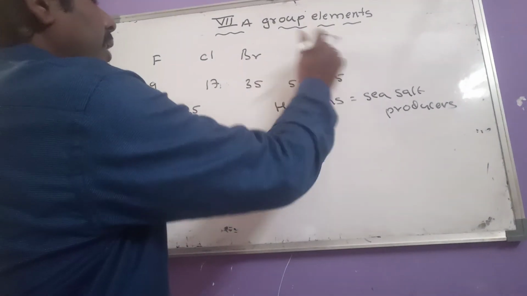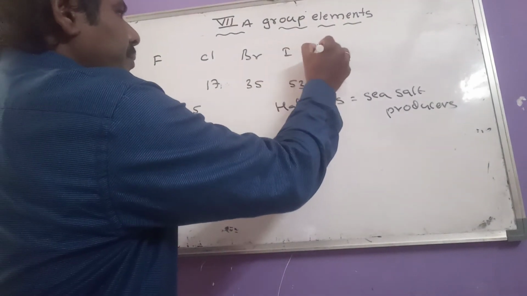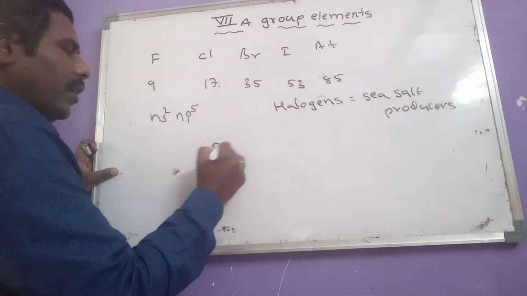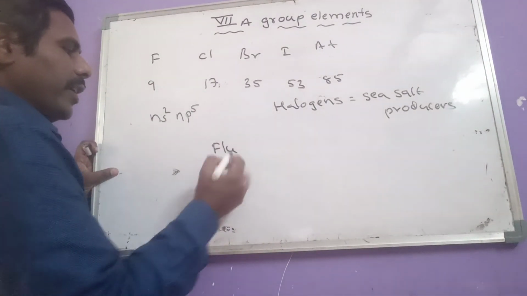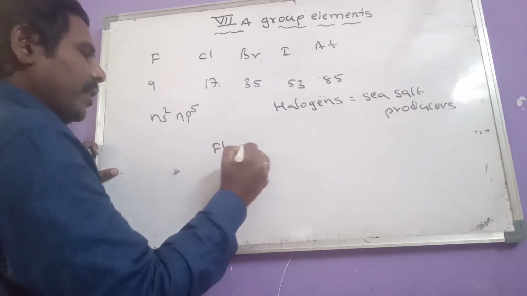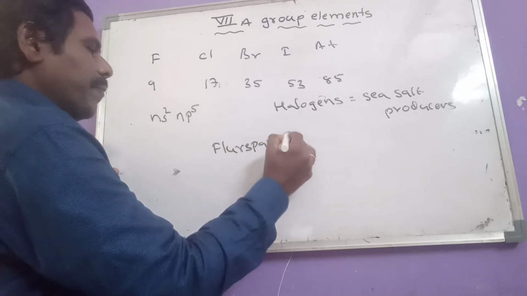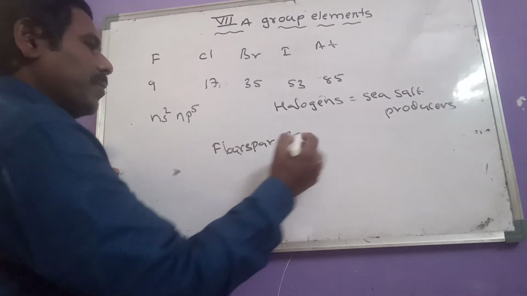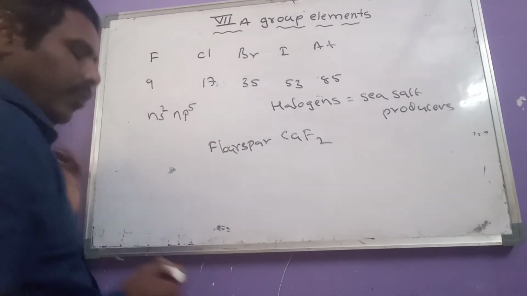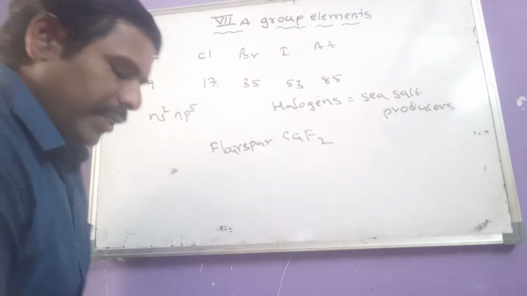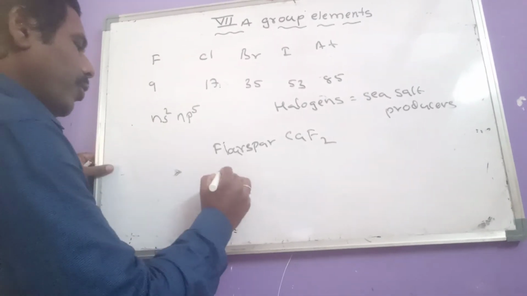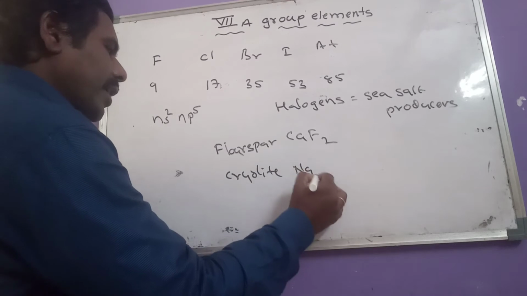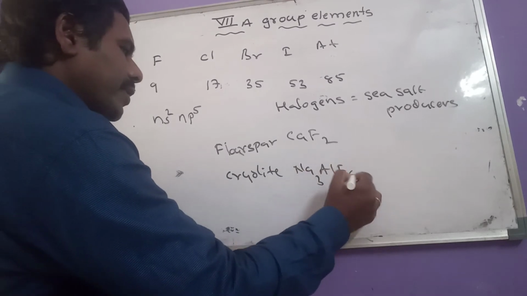So now here, fluorine. The important mineral of fluorine is fluorspar. What is the formula of fluorspar? CaF2. Then another important mineral, cryolite. What is the formula of cryolite? Na3AlF6.